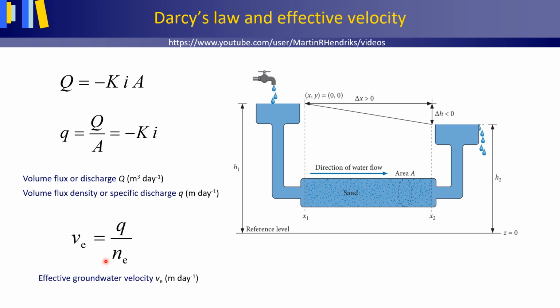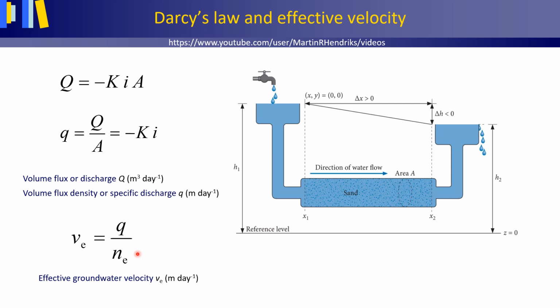As only the pore space within the area A participates in the groundwater flow, this true velocity, which we call the effective groundwater velocity V with subscript E, must be equal to the volume flux density or specific discharge small q divided by the effective porosity.